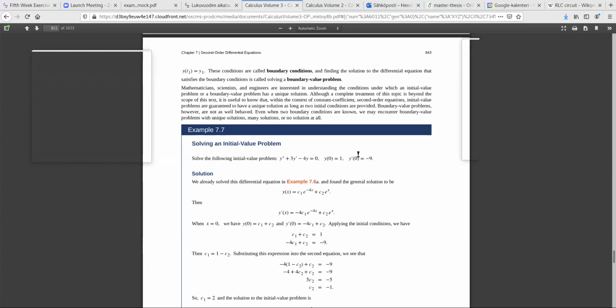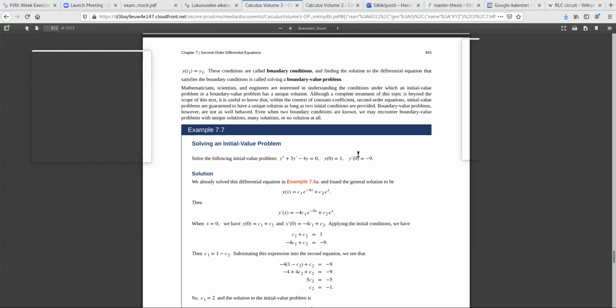These points can be given as the value of the function at two points, in which case we're talking about a boundary value problem, or in terms of one point in which you know both the function and its derivative, in which case we talk about the initial value problem. The initial value problem has a unique solution, but the boundary value problem is a little more problematic. It may not have a unique solution, it may have several solutions, or it may not have a solution at all.